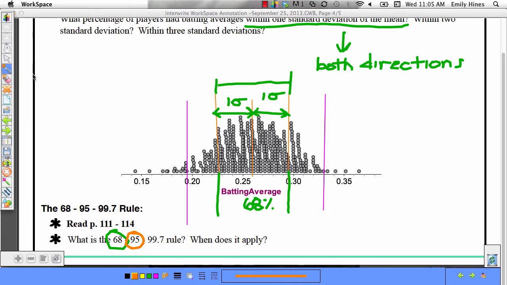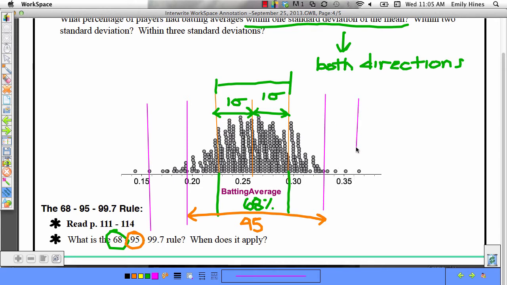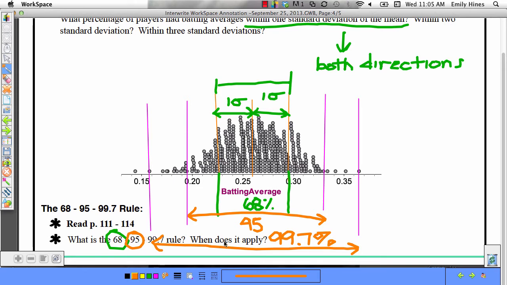And about 95% of our data is within 2 standard deviations of our mean. And then the 99.7 rule goes from 0.159, which would be about right here, to 0.363, which would be about right here. And 99.7% of our data is within 3 standard deviations.